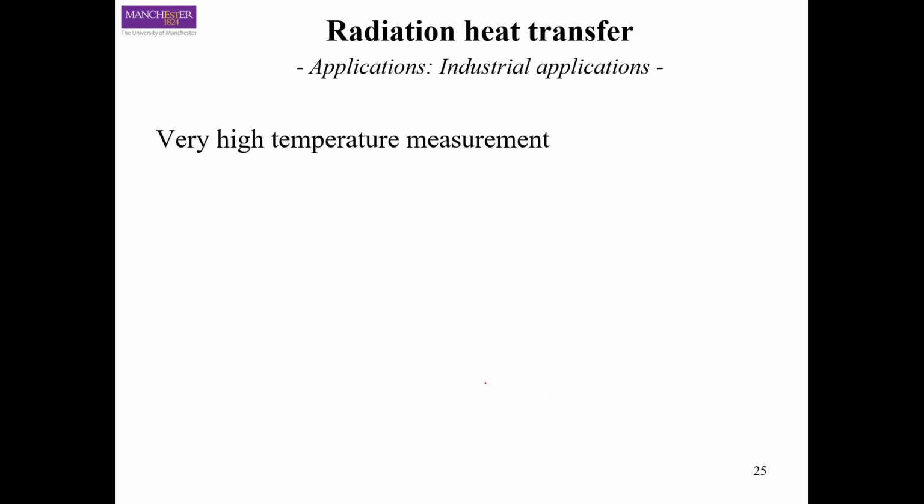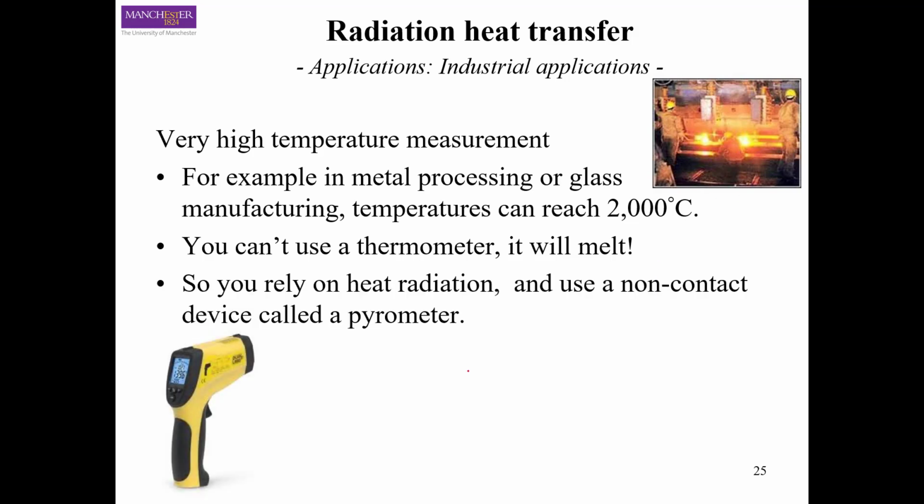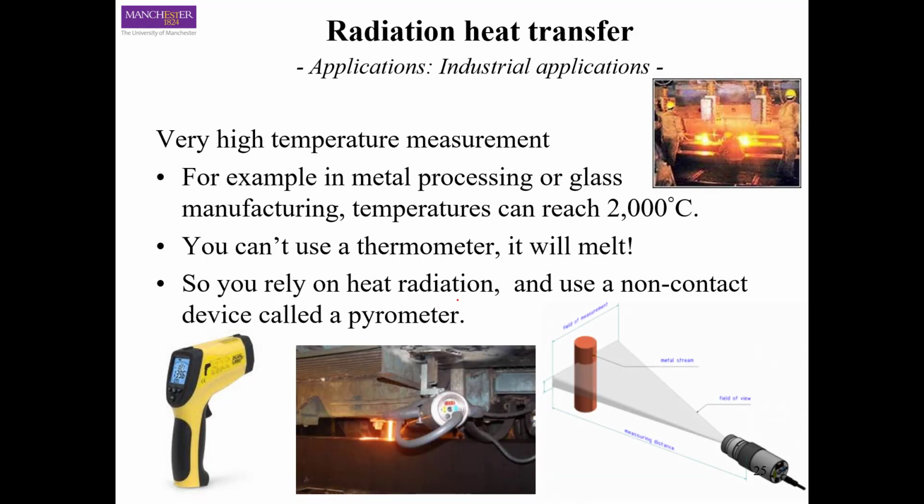Another industrial application of radiation is to use radiations to measure temperature. We also discussed that, for example, in metal processing or glass processing plants, the temperature increases to very high temperatures like 2000 to 3000 degrees centigrade. If we use a simple thermometer or a thermocouple, it will melt, because the whole idea is to melt the metal. So in these kinds of plants, we use another kind of thermometer called a pyrometer.